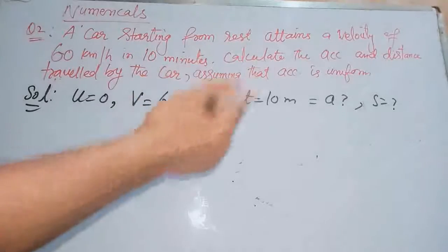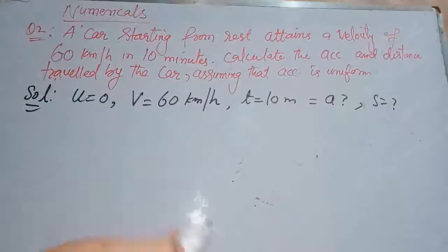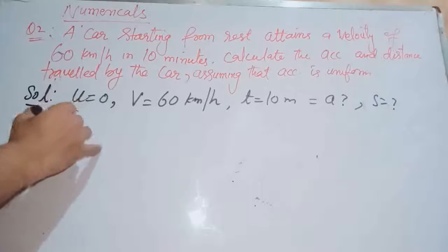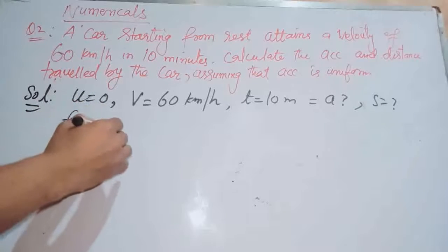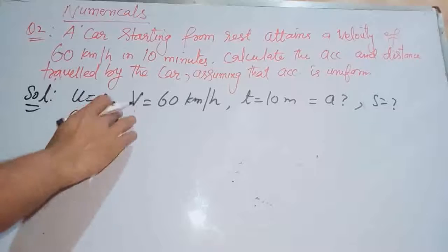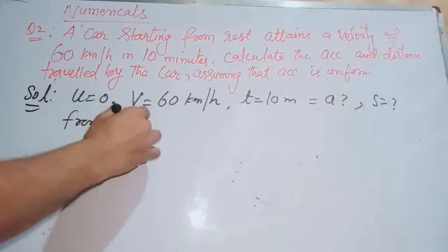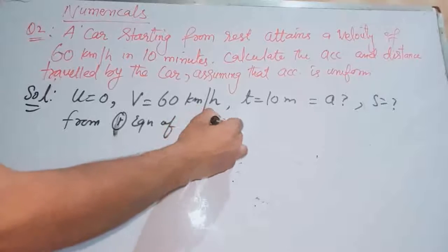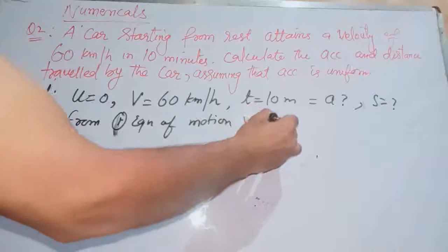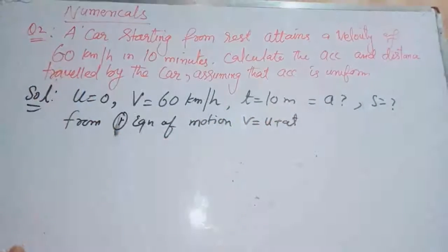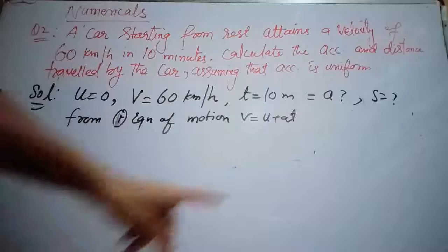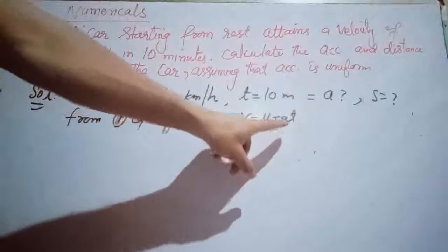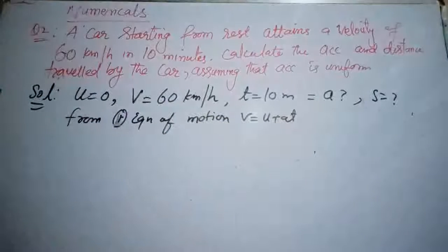We can find the acceleration from first equation of motion. We know that from first equation of motion, v is equal to u plus at. U here is 0, and we have to find the acceleration.